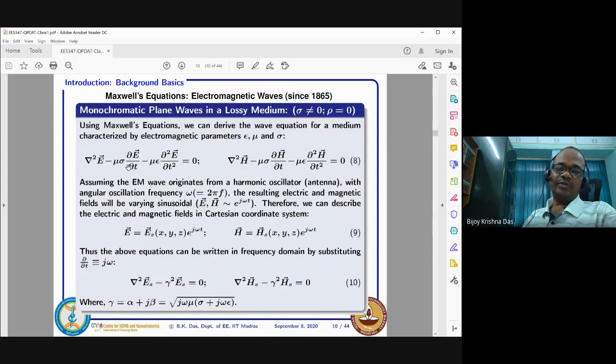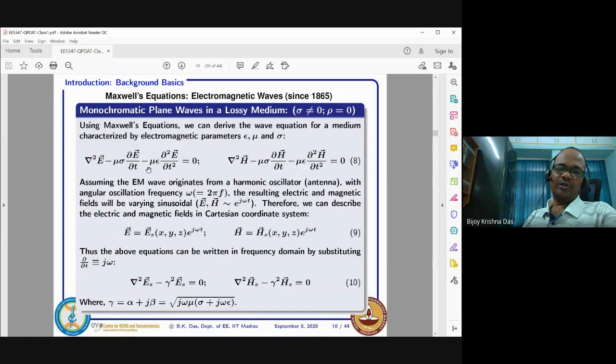And you see that the sigma part is there, mu and sigma times things are there. And of course, in equation 8, if you put sigma equal to 0, it is coming back to your equations 1 and 2, the same equations we discussed earlier.